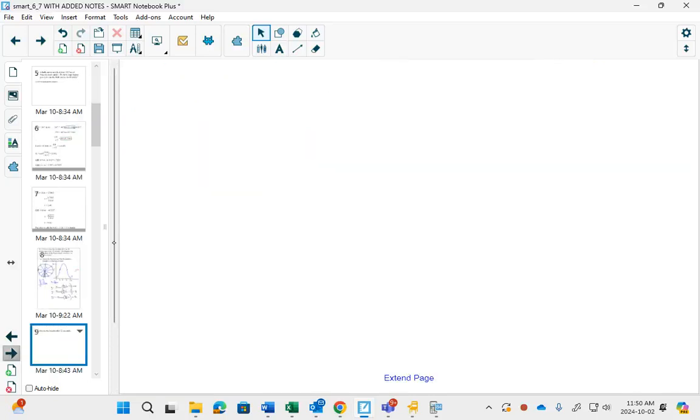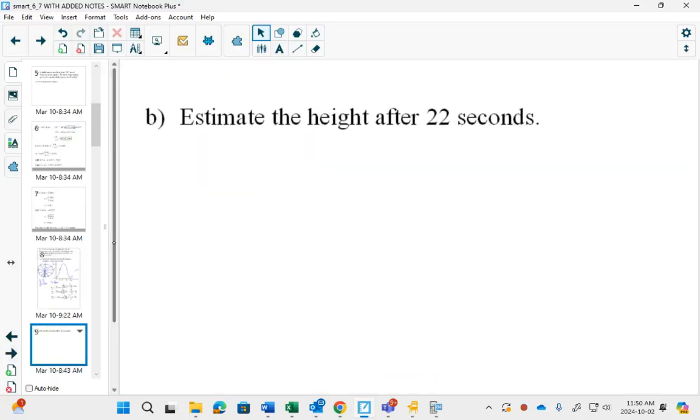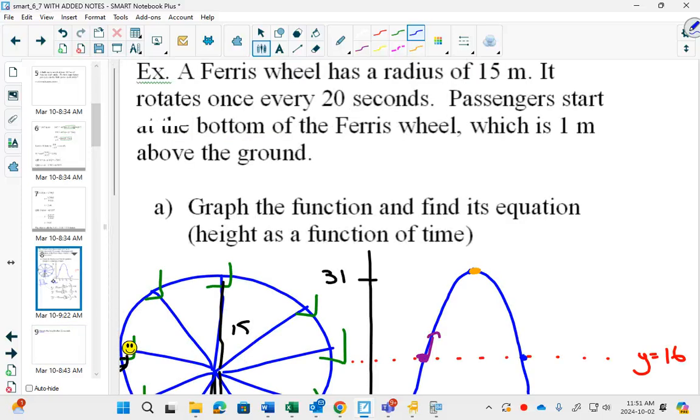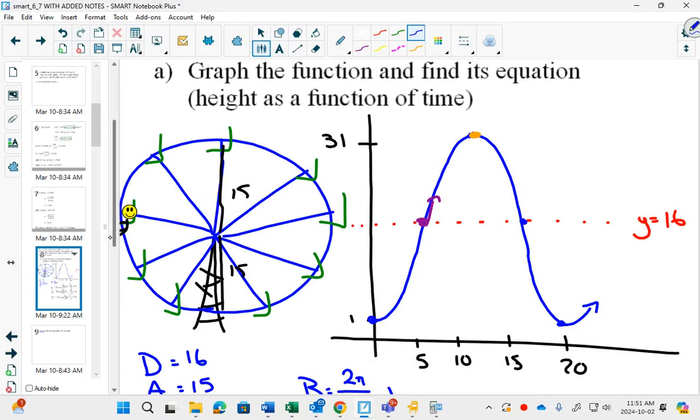Now part B, estimate the height after 22 seconds. This one is nice for us because we don't have to use a calculator, and as long as our educated guess is close, you'll be fine. So I go to my graph that I did, and I see where 22 seconds would be. Maybe about here.